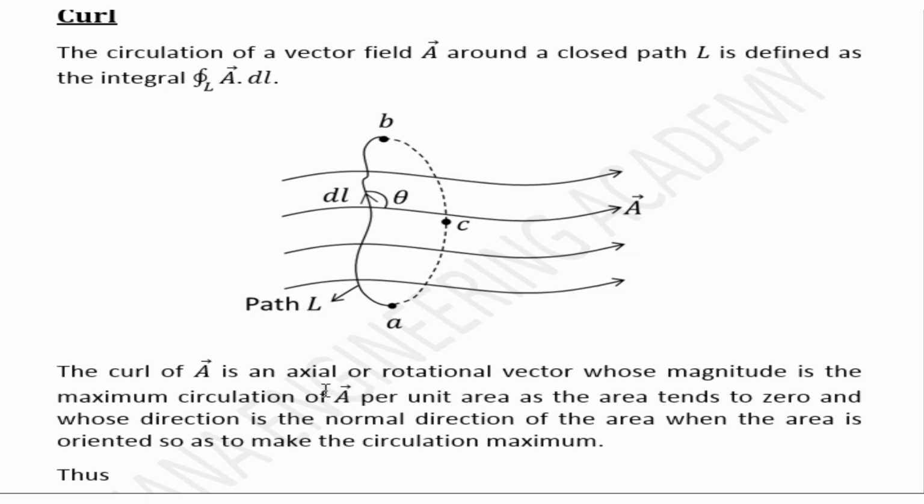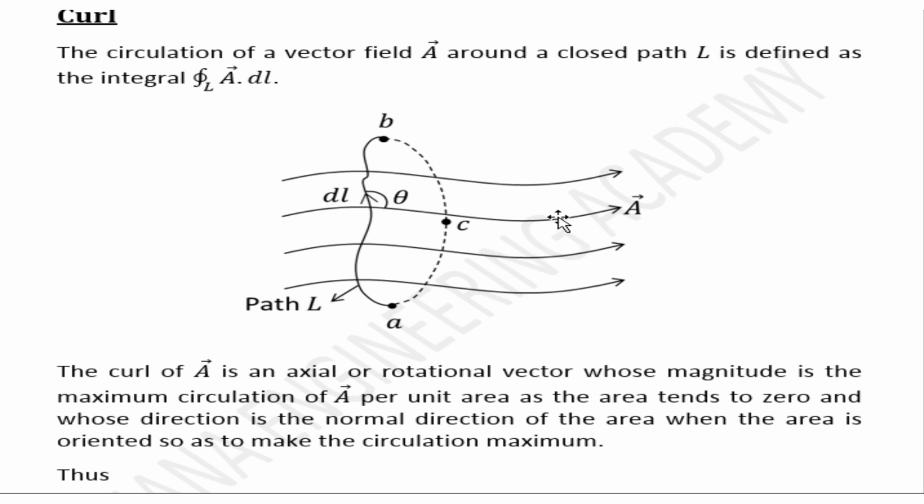Now see, the curl is actually an axial or rotational vector whose magnitude is the maximum circulation of A per unit area. Here we take the area tending to 0, and the direction is considered as the normal direction of the area, where the area is oriented so as to make the circulation maximum.